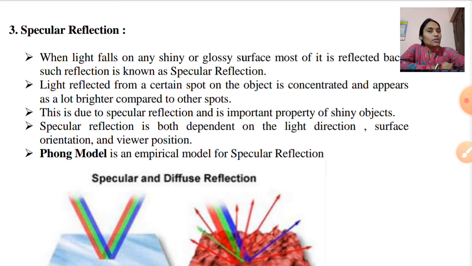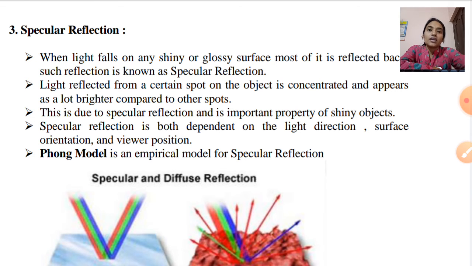Light reflected from a certain spot on the object is concentrated and appears a lot brighter compared to other spots. Okay, that means in specular reflection, the light falls on a particular point.